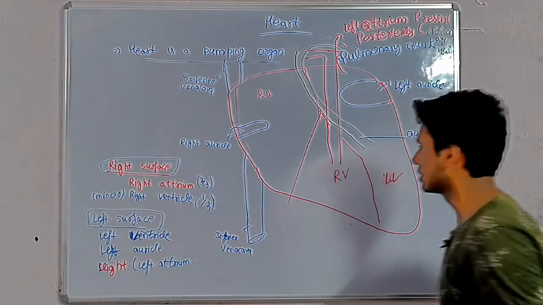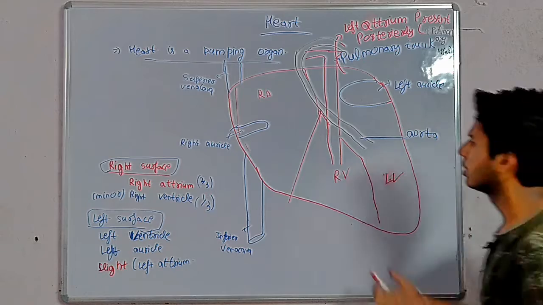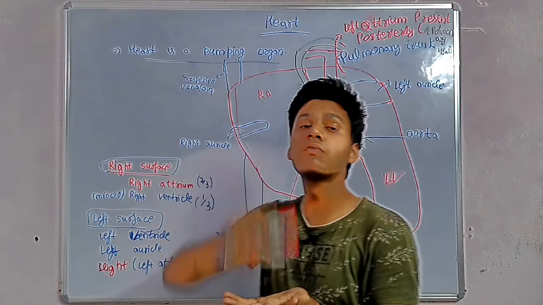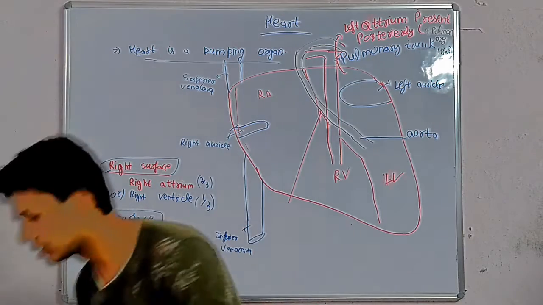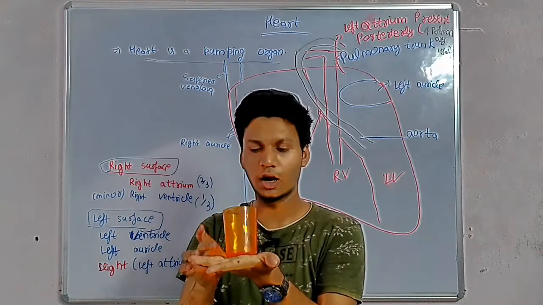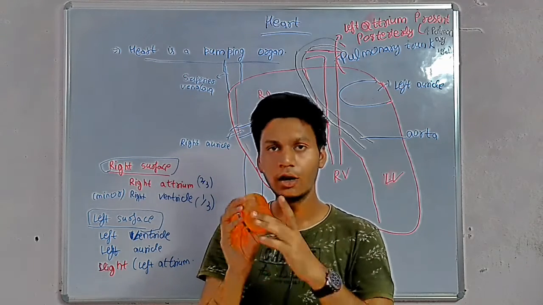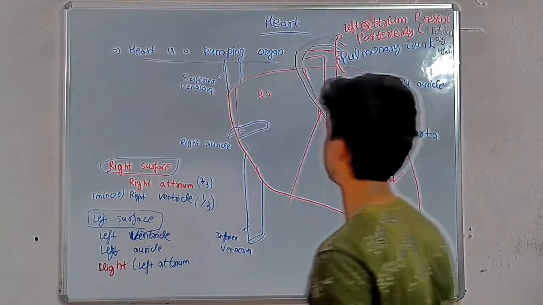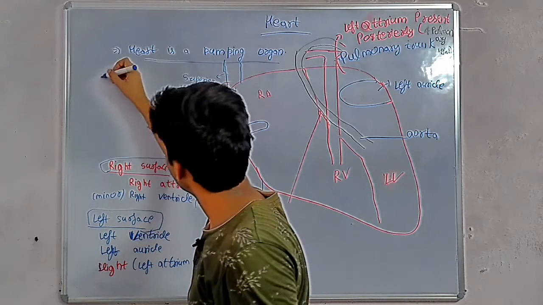Then another surface is the inferior surface. The right atrium covers the inferior surface, which is just above the diaphragm. This is the diaphragm and this is the heart's inferior surface. They attach to the diaphragm central tendon and some ventricles cover this portion.